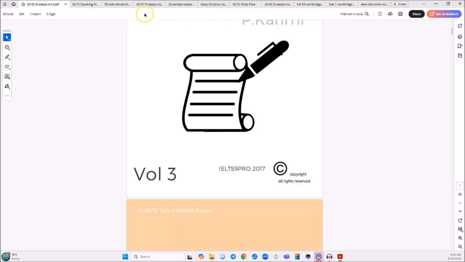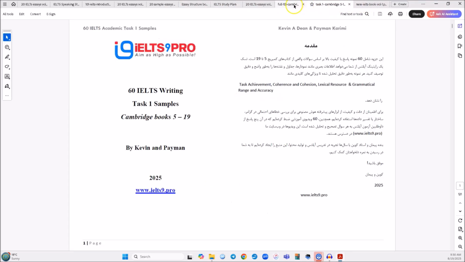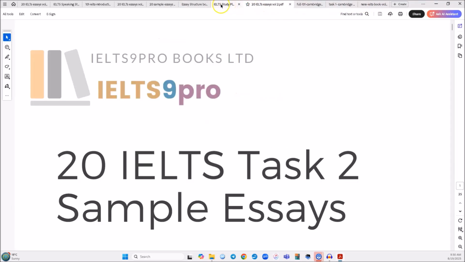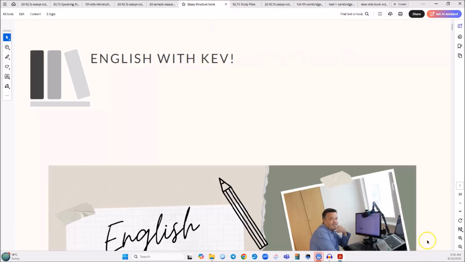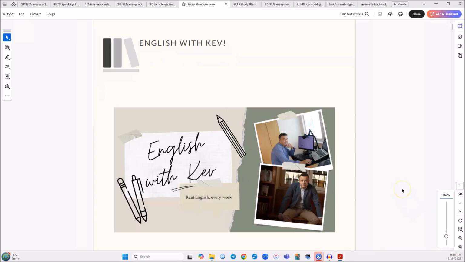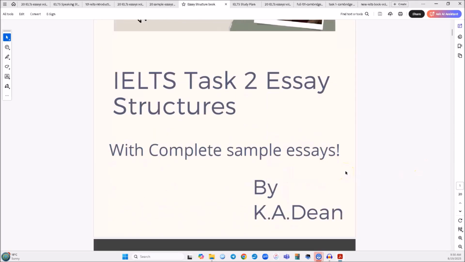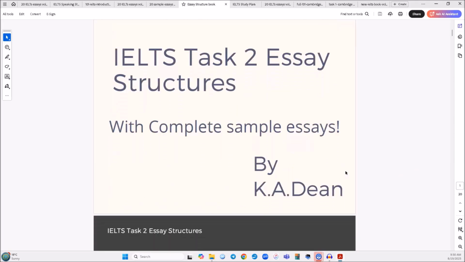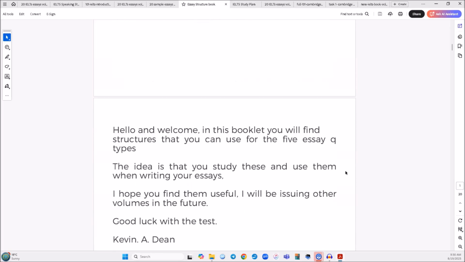Now, I wrote the structure book. Where is it? Where's the structure book? Yeah, right. So, this is the book that I send out to my new students on iTalki. I go through my sentence-by-sentence approach with complete sample essays by Kev Dean.